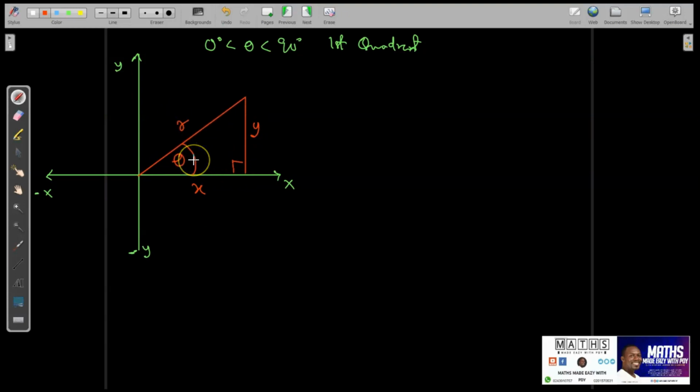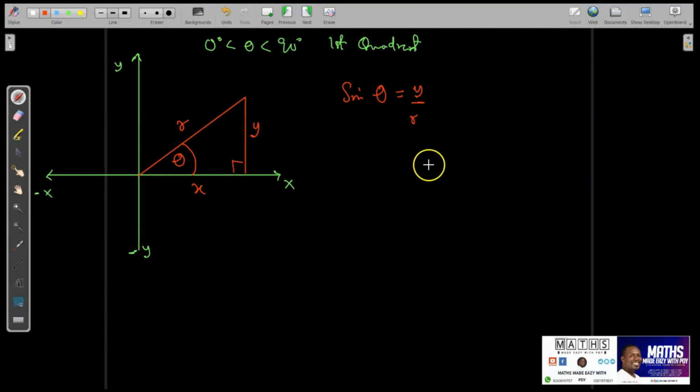let's watch the behavior of the trig ratios carefully. Remember, we are dealing in the first quadrant. What will be sine of theta from the dimension here? Sine of theta is the opposite value, which is y, over the hypotenuse, r.